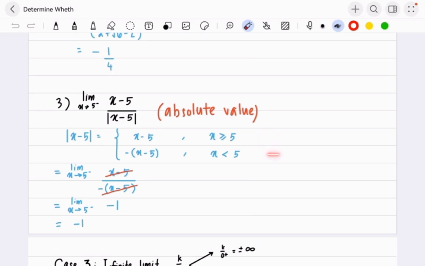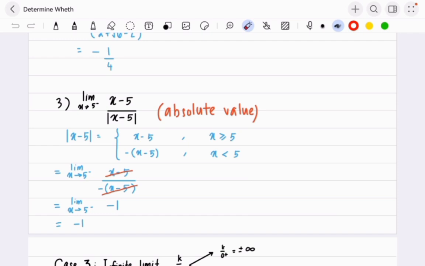So absolute value x minus 5 would be x minus 5, x more than or equal to 5, and also negative x minus 5, x less than 5.